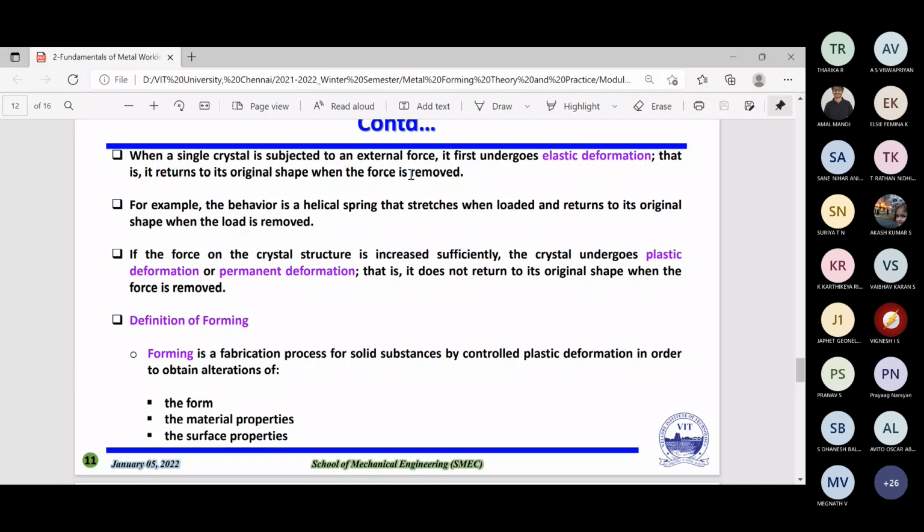That means whenever you apply some force, it changes, but the moment you remove the force, it comes back to the original position. And the plastic deformation, what I told, is the permanent deformation, or otherwise we call this permanent deformation.